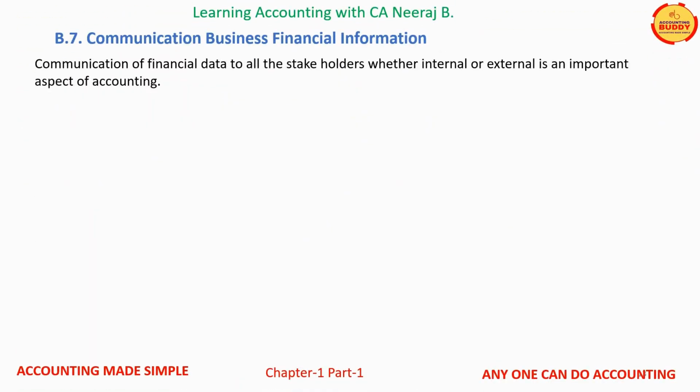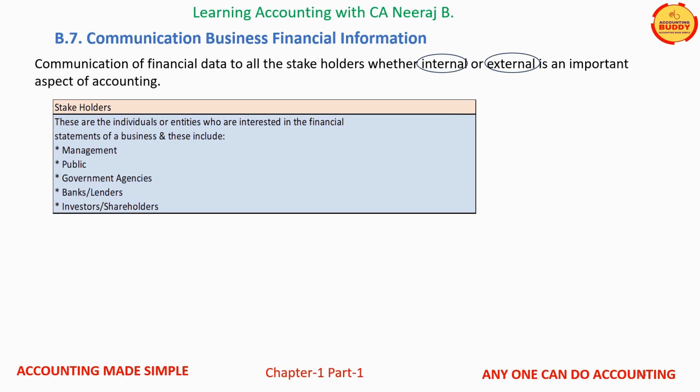Once the financial statements are made and the analysis and interpretation is done, financial information is communicated to internal and external stakeholders. I hope you remember the meaning of stakeholders we discussed in one of our previous slides. Internal stakeholders are management and departmental heads of the business, while the external stakeholders are banks and government agencies.